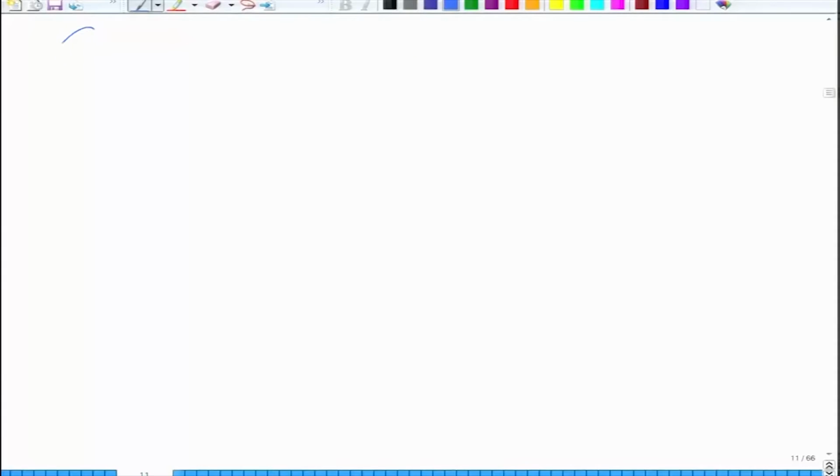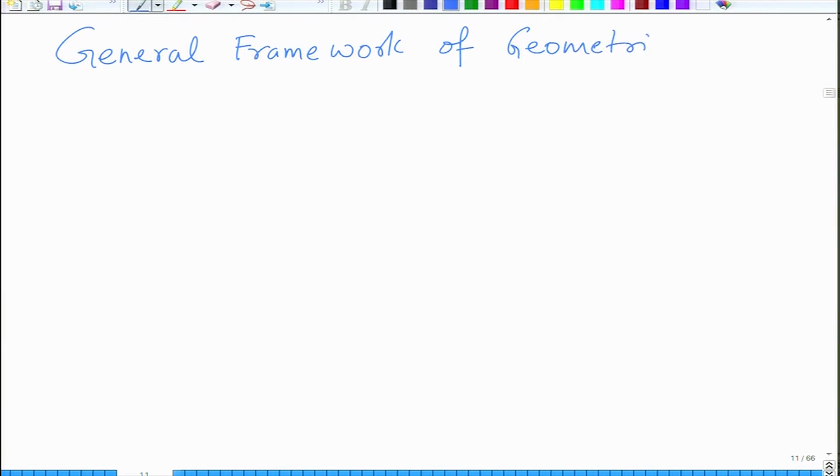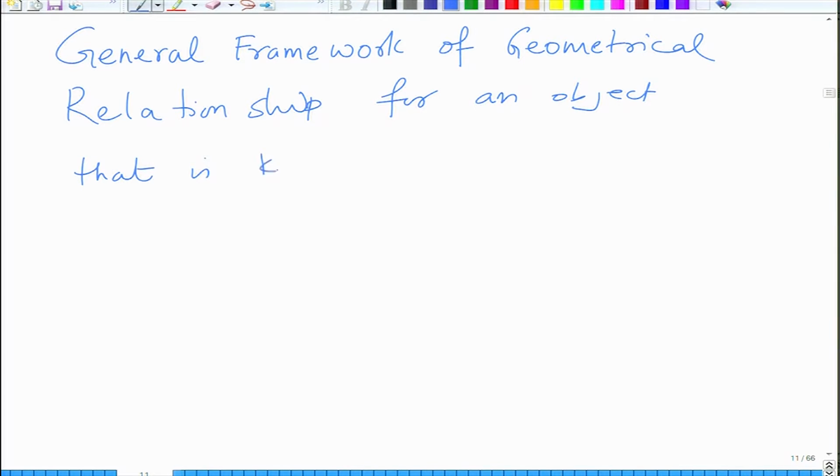So using these angles we can frame a general framework of geometrical relationship for an object that is kept at an angle with respect to the horizontal.